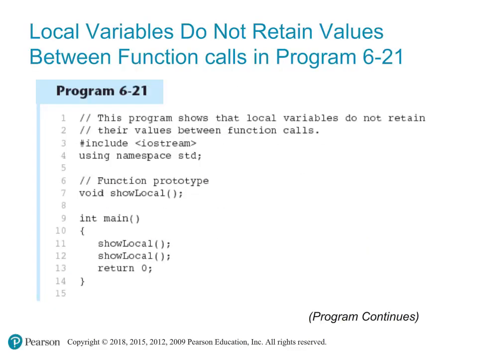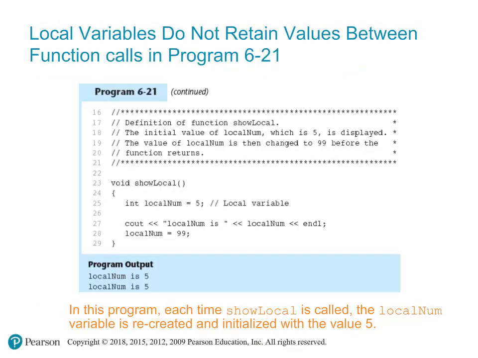In this example, we will see how local variables behave within a function and how they do not retain their values between function calls. The function showLocal is declared at the beginning and its definition follows later. Inside showLocal, we have a local variable localNum initialized to 5.